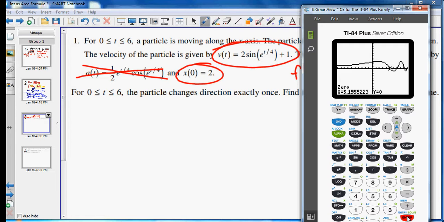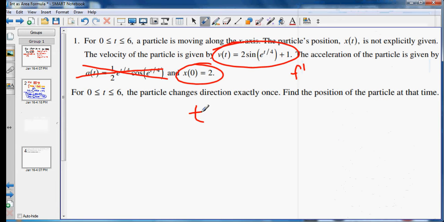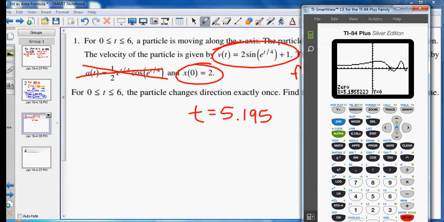Okay, so the point where this happens is 5.195. So it changes direction at 5.195. That's where the particle changes direction. But I want to keep that number exactly, so I'm going to hit quit right now. If I type x, it actually has that number saved in there for me. But if I do other stuff, it may change what's solved for x.